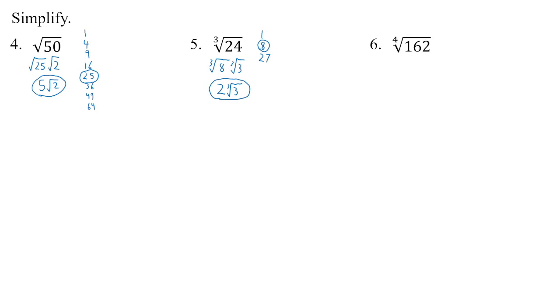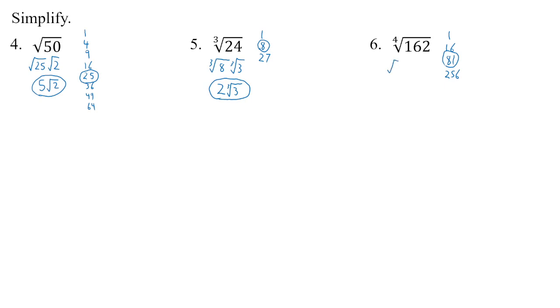Next, we have the fourth root of 162. The first thing we're going to do is list all our fourth powers. So we've got 1, 16, 81, 256, and we're going to stop at 256. And 81 is the highest perfect fourth power to go into 162.